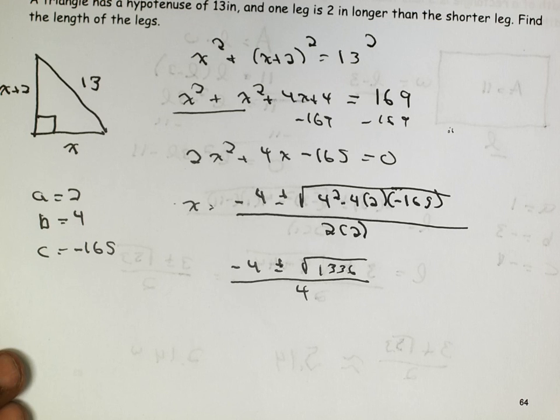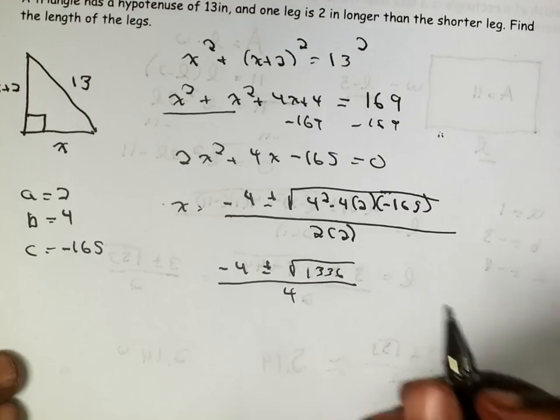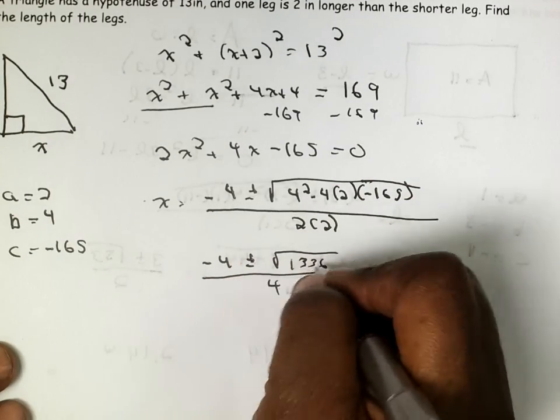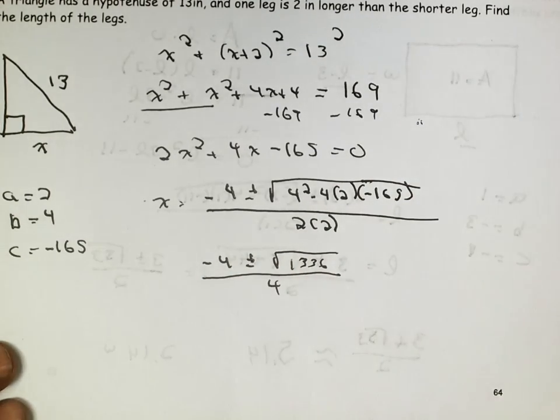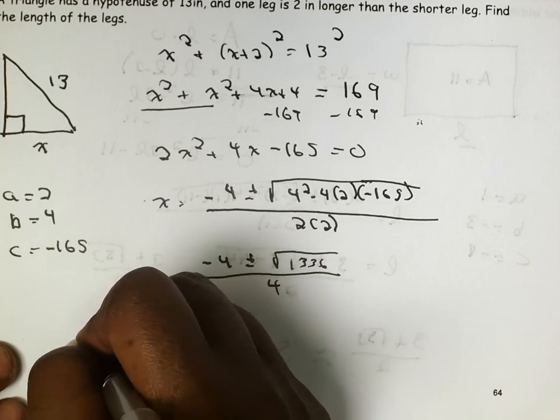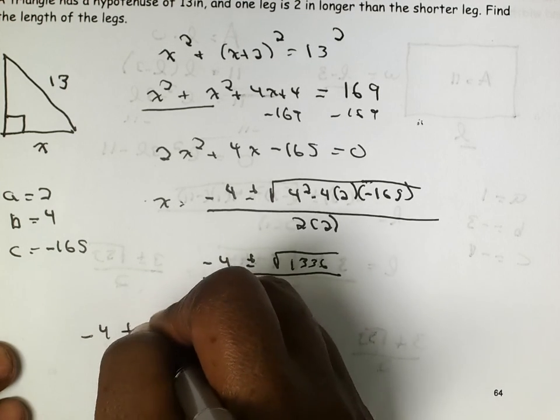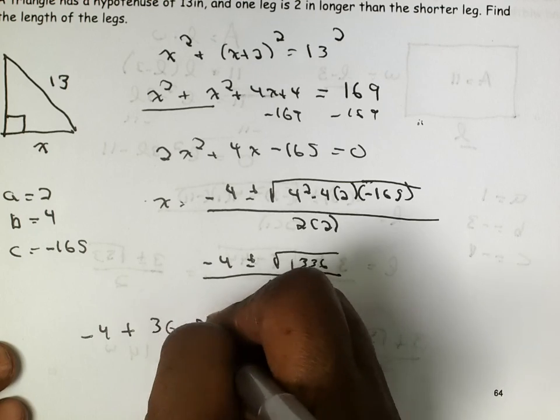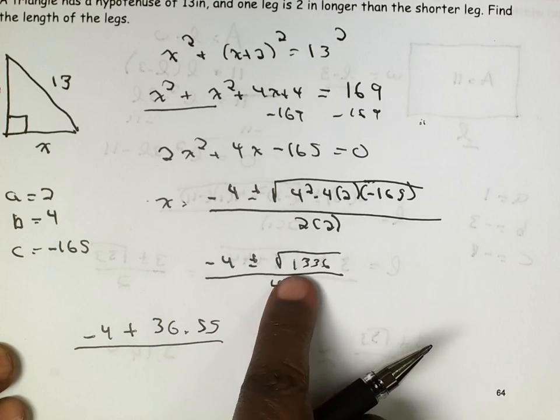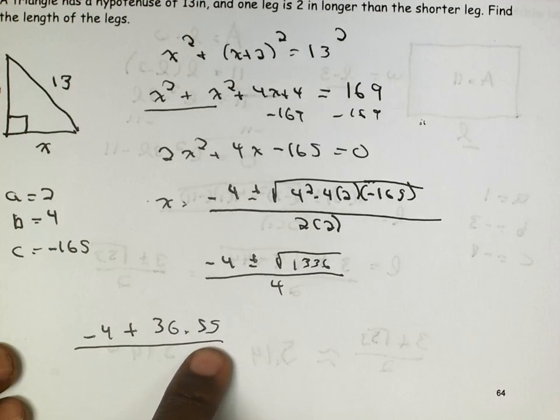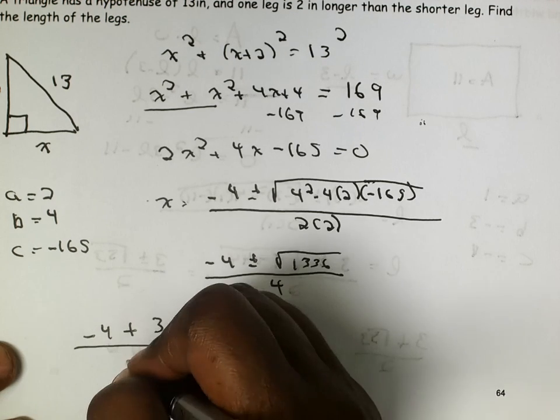So I'm going to take the square root of 1336, because again, it's messy. And I don't want to use the negative case because I can't have a negative, so it's just negative 4 plus, and I'm rounding this to 2 decimal places. So the square root of 1336 rounded to 2 decimal places is 36.55.